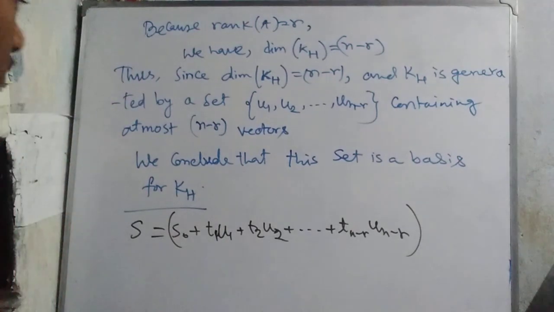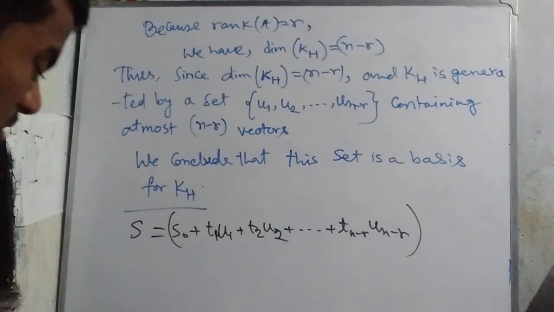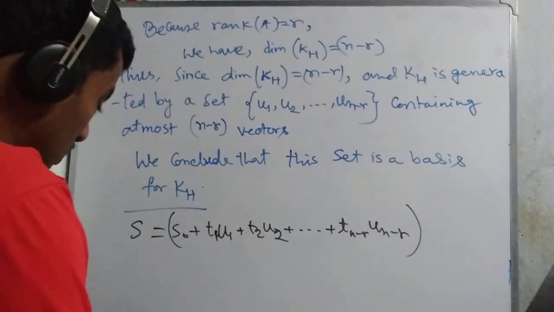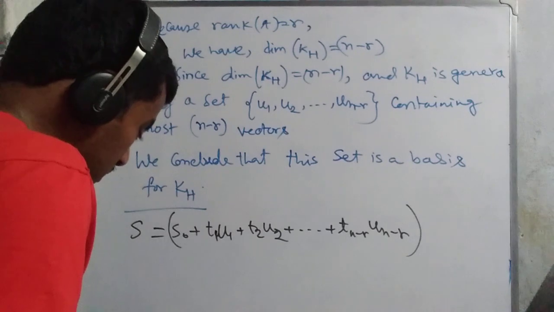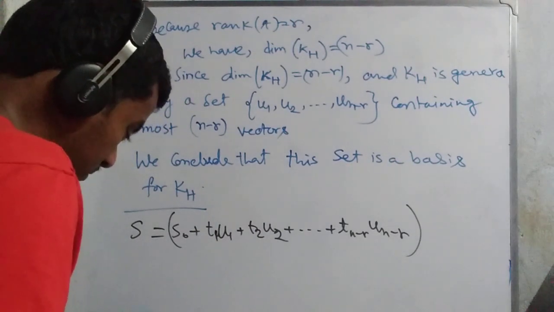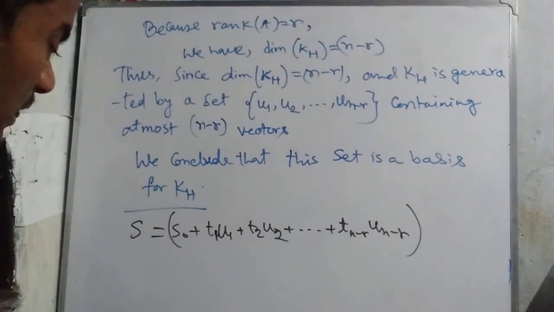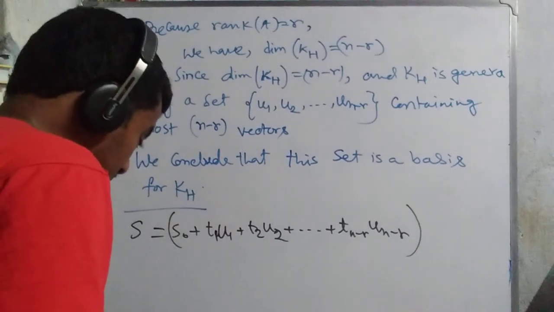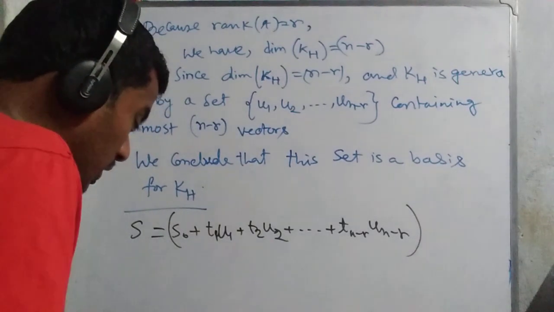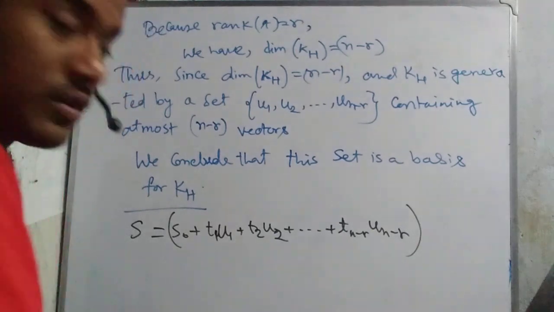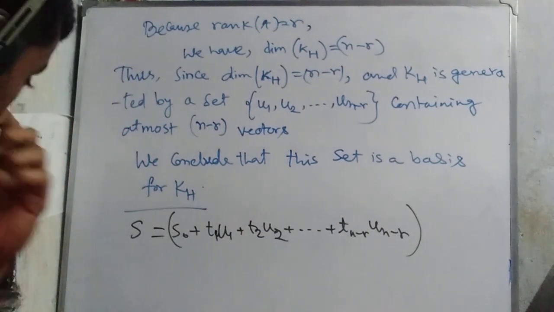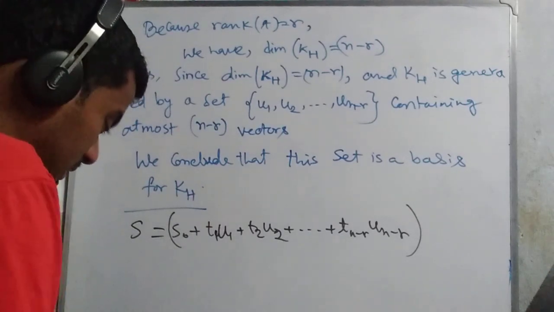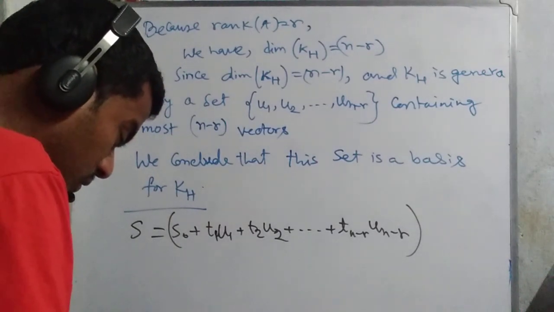Now we also discuss an interpretation of the reduced row echelon form. We erase that portion and obviously discuss this one.